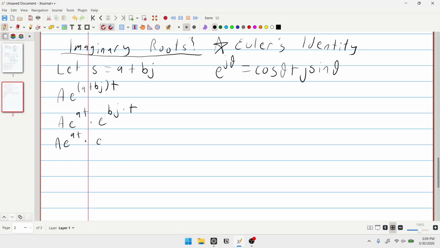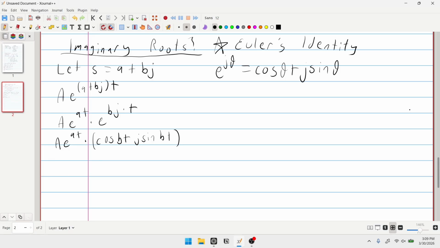We actually get cosine bt plus j sine bt. And so you'll see here we have a sinusoidal component, right? And so that means if our roots are complex, we will have a sinusoidal looking form for our solution.